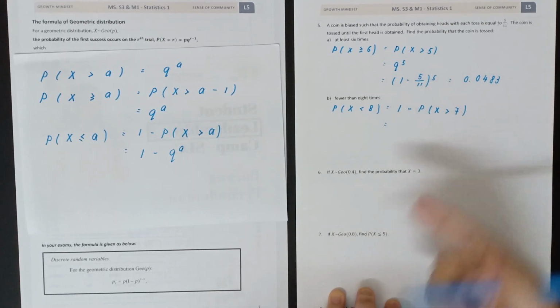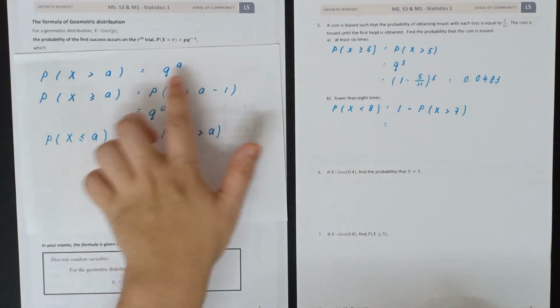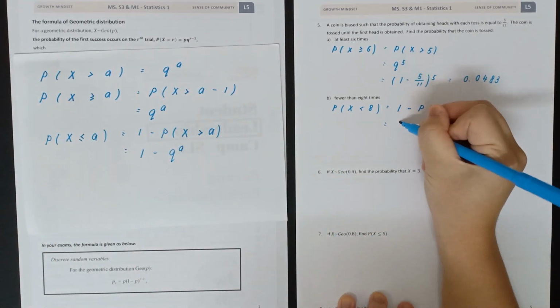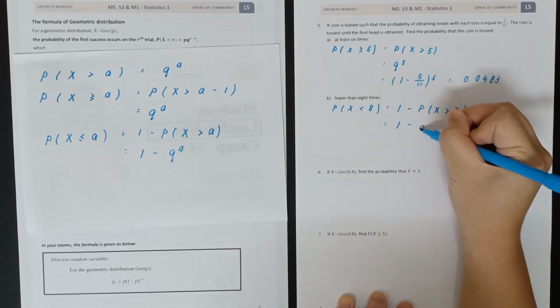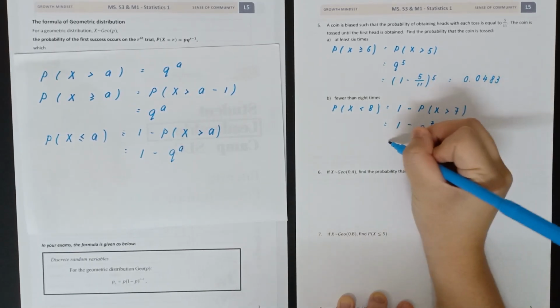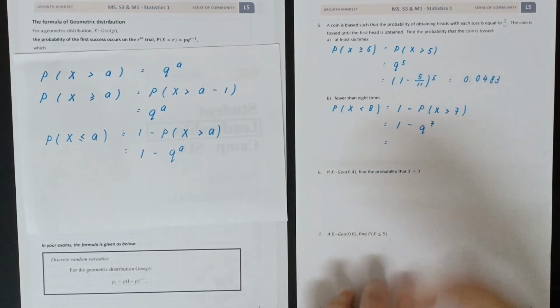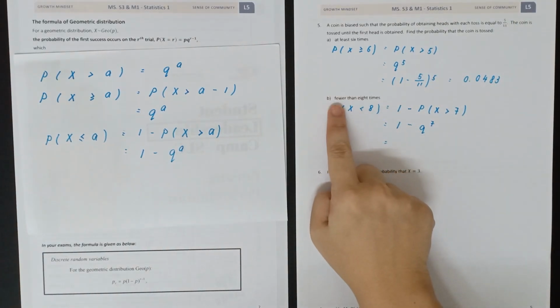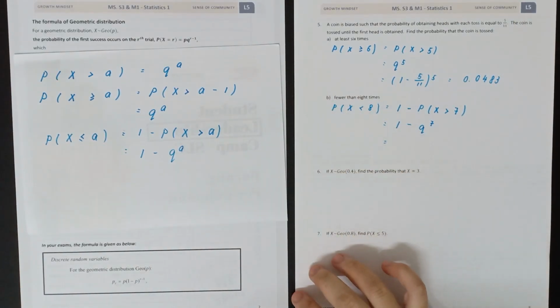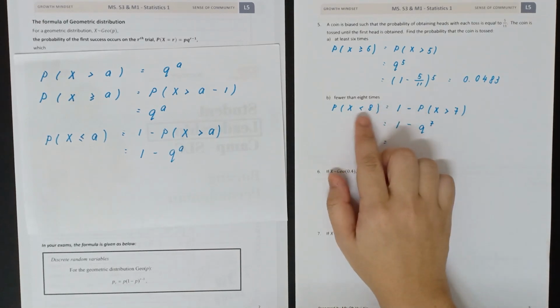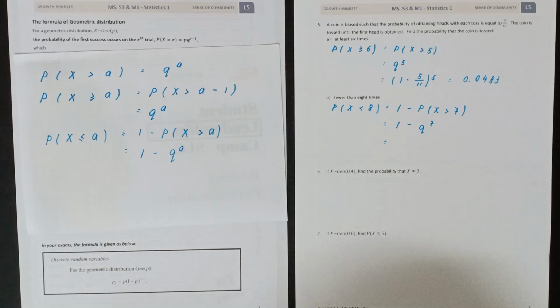Then how do we continue? We go back to this one already. What you don't want to happen is that you fail 7 times. In other words, for the probability of getting the first success in fewer than 8 times, what you don't want is that you fail 7 times.